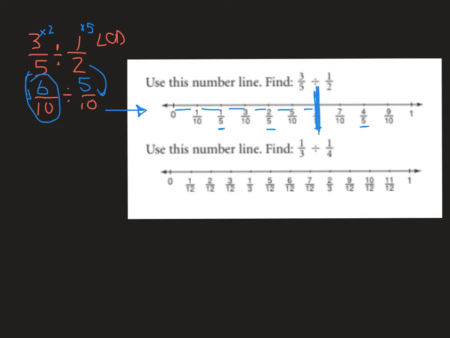So I'm just going to stick a line right here, because that's the absolute maximum that I can go to. And now it's saying, how many times can I get 5/10 into that 6/10 portion. So I'm just going to erase some of this stuff so that we can see.